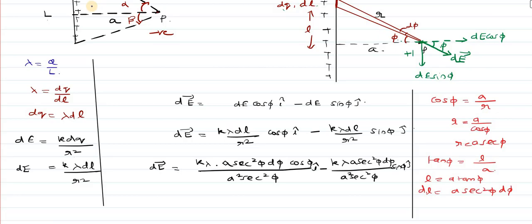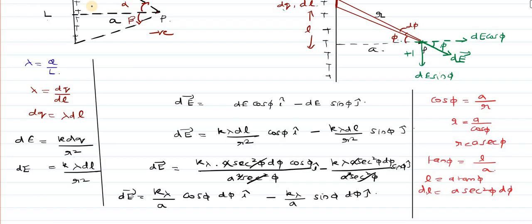Without phi, write the unit vectors also. Now secant square phi cancels, and one A will cancel in both the terms. So K lambda by A cos phi d phi into i cap minus K lambda by A sin phi d phi j cap.